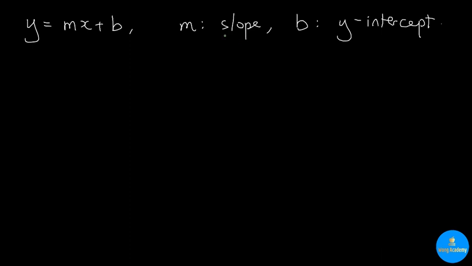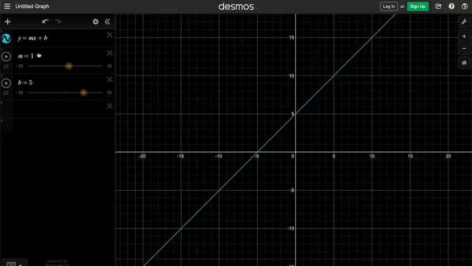There are several important slopes that we must remember, and I'm going to illustrate with the program Desmos. When the slope m is equal to 1, then the corresponding straight line is at an angle 45 degrees upward from bottom left to top right.